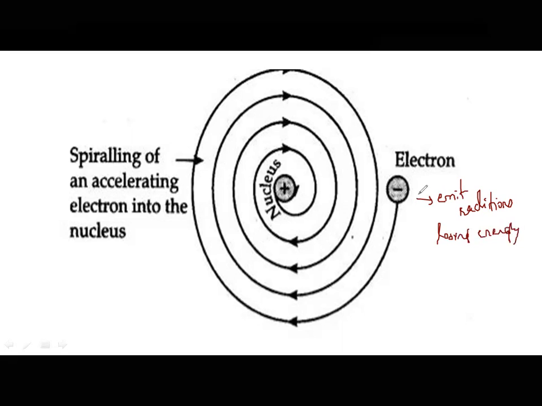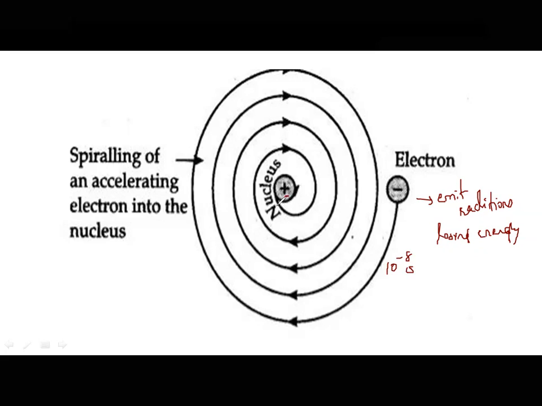When it goes on losing energy, it will go on falling nearer and nearer to the nucleus. Directly it will not fall, because it is revolving in a circular manner. So spirally, with this same path, it will go on losing energy, and ultimately within 10 raised to minus 8 seconds, it will fall into the nucleus.